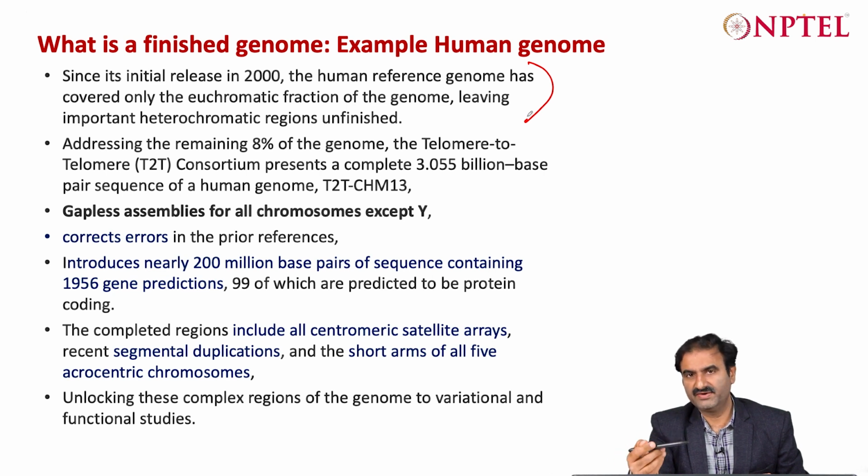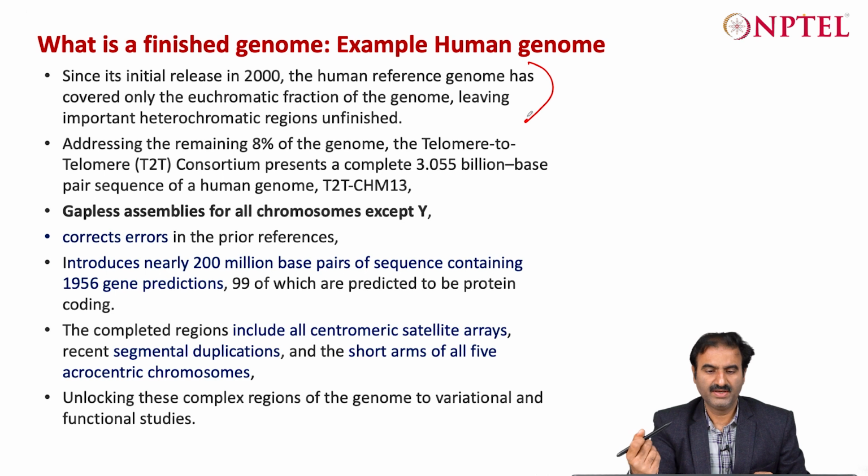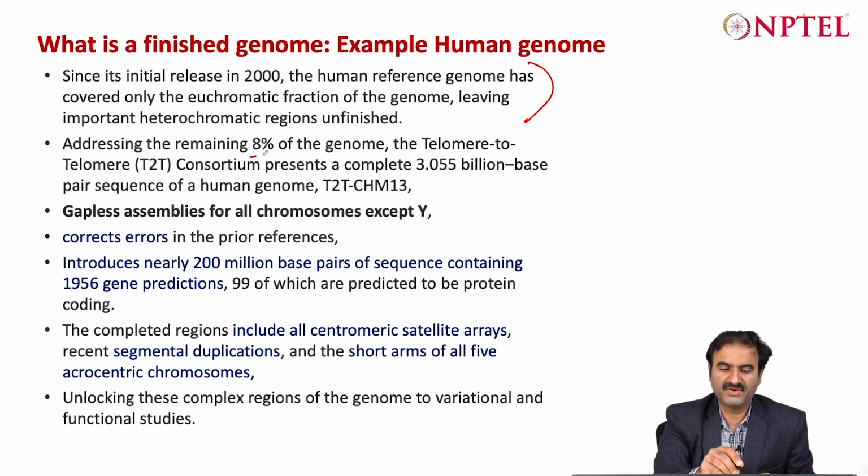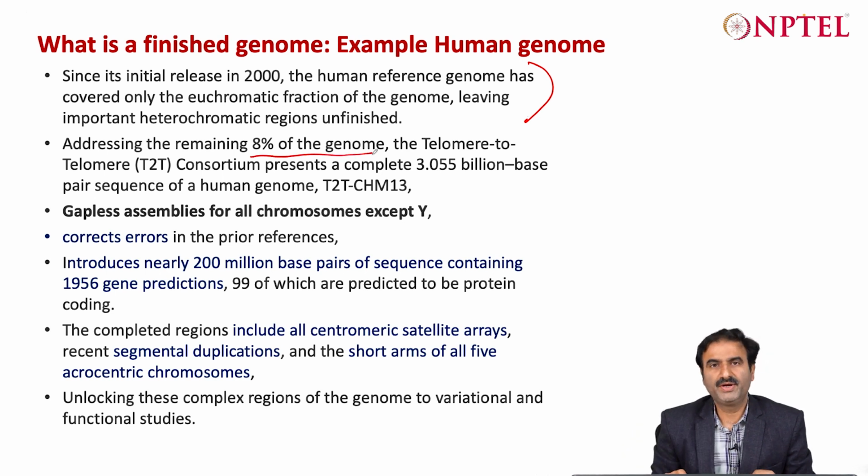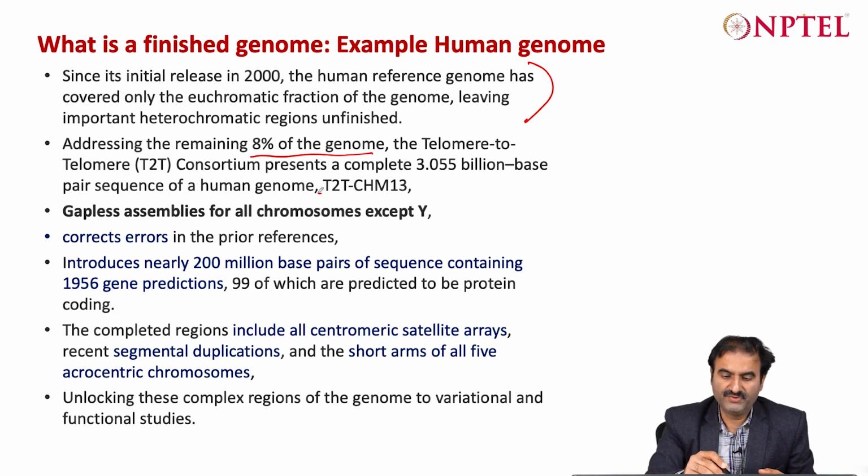After that several drafts came, and recently we were all working with the H38 assembly, but still in that assembly about 8% of the genome was missing, and telomere-to-telomere information was not there. That was achieved in the telomere-to-telomere assembly, which was made recently using this cell line.